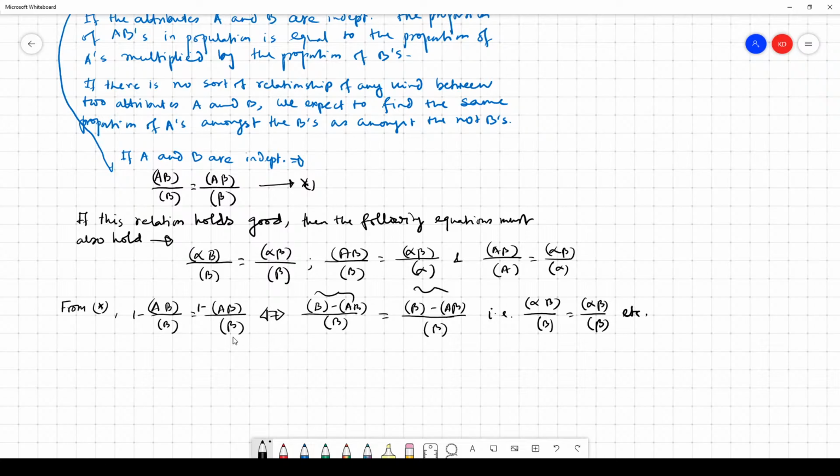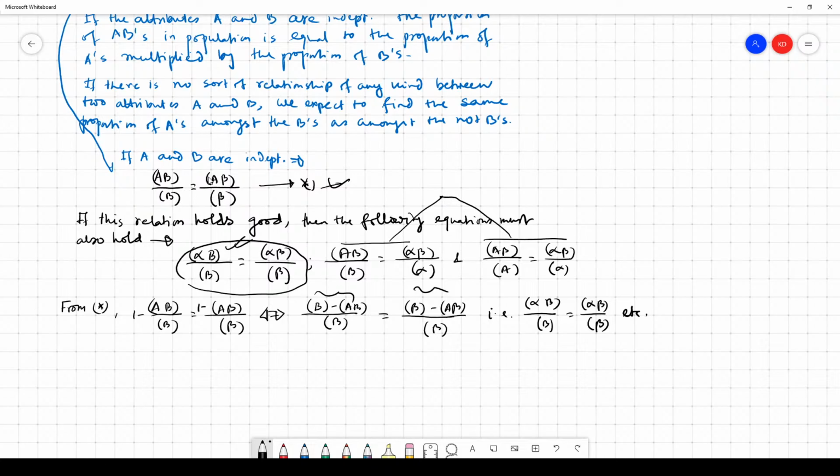In that way this thing is proved. If star holds, automatically we can show this thing. Similarly, using star, we can show this and this. So this is your homework. Please prove these two parts.